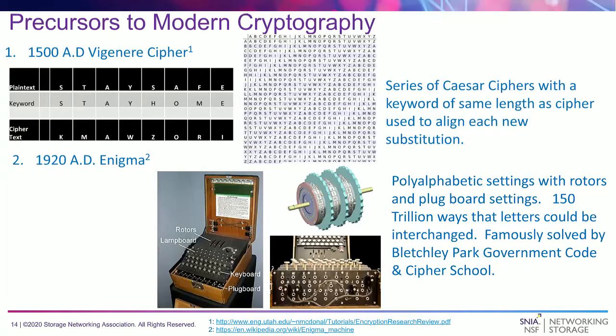And this was famously the very famous events around this machine, with Bletchley Park, the Government Code and Cipher School, led by a very famous scientist, Alan Turing. What they did to crack this code was to actually invent a machine that started to track what the messages look like.